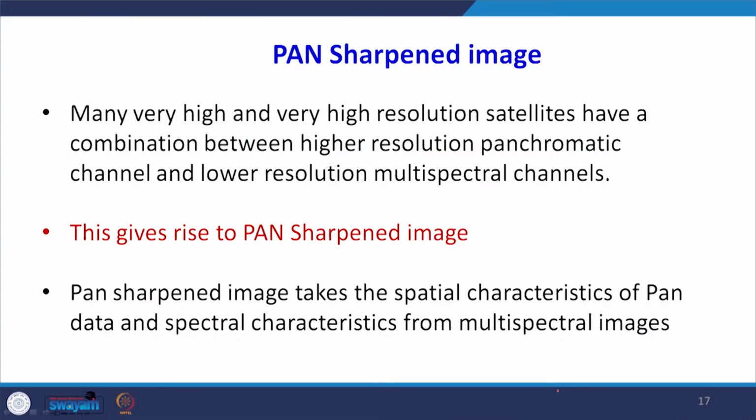The meaning of a pan sharpened image is that there are many high resolution or very high resolution satellites. They provide us data in the panchromatic band and in the multispectral band. The panchromatic band resolution is much better, whereas the spectral characteristics we take from the multispectral data. So we take the best from the multispectral data, which is the variation in reflectance with respect to the wavelength region, and the spatial resolution, the pixel size characteristics, we derive from the pan data, fuse them together and create a pan sharpened image.